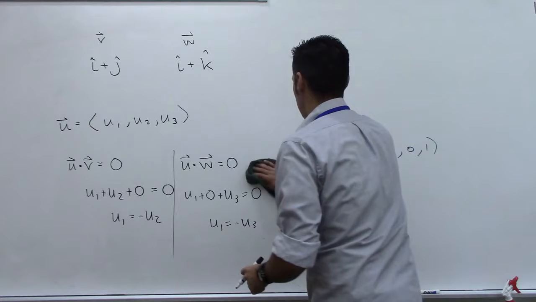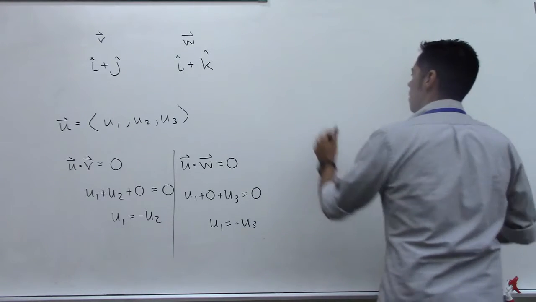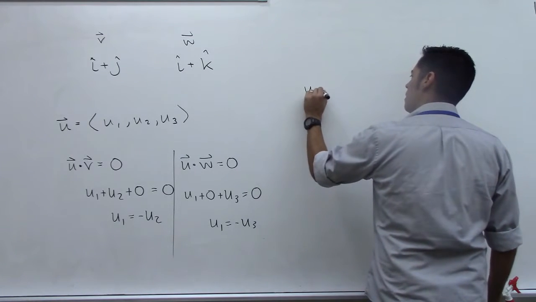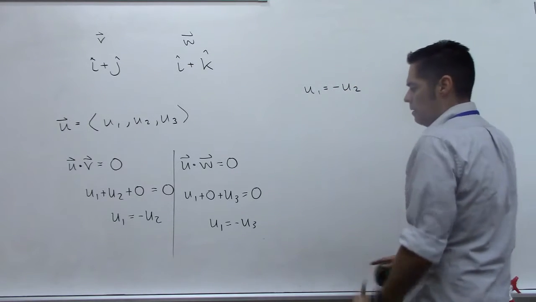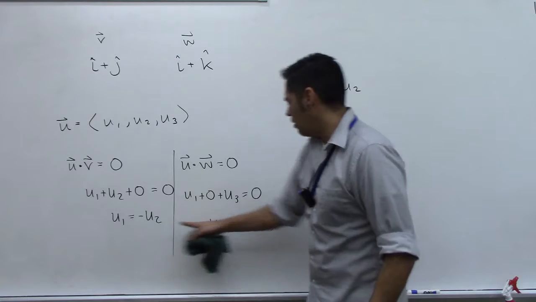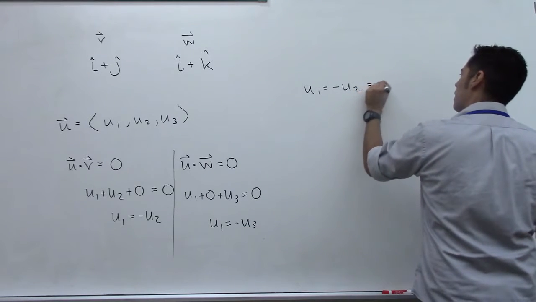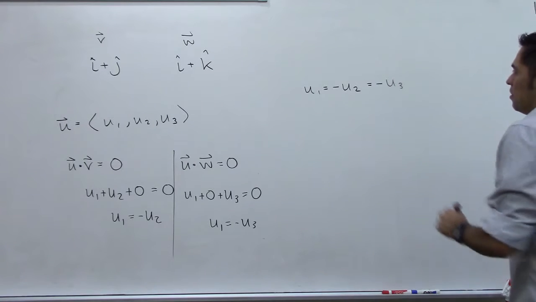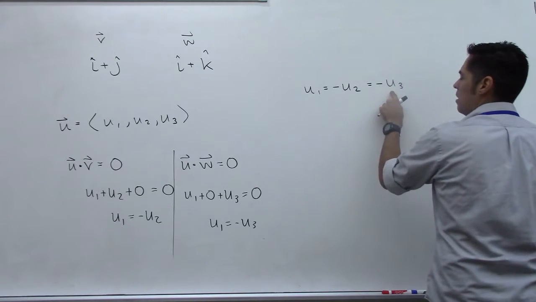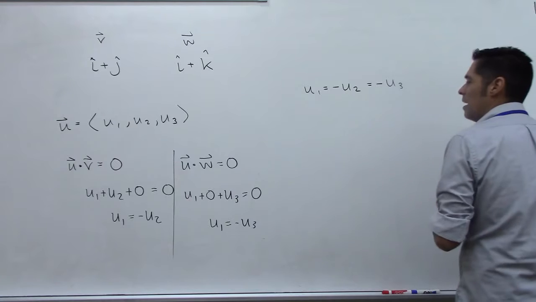In order for this to work, my u1 must be equal to negative u2, but it also must be equal to negative u3. So these two have to be exactly the same, and this has to be different in sign.